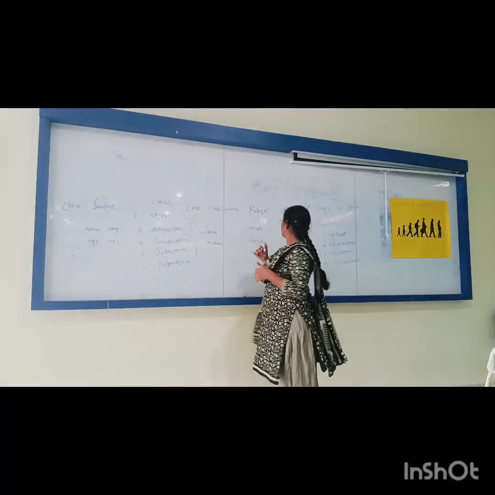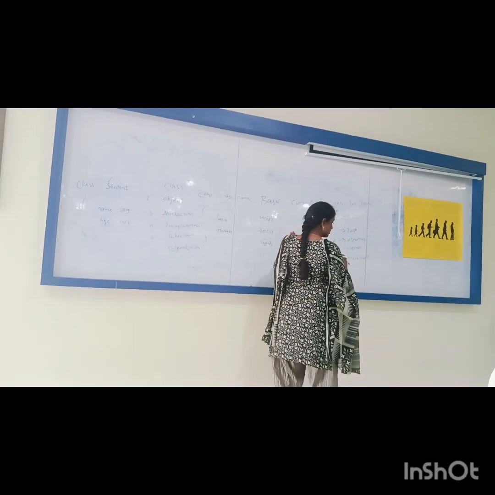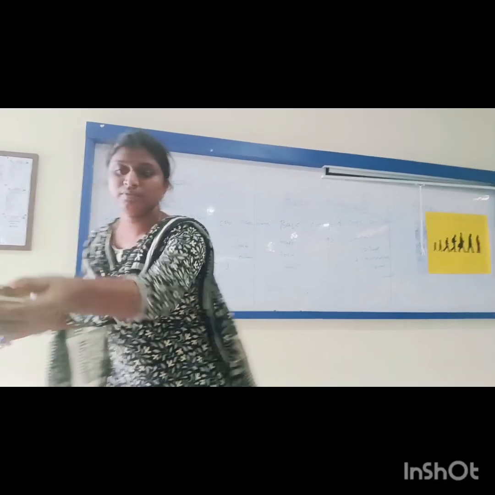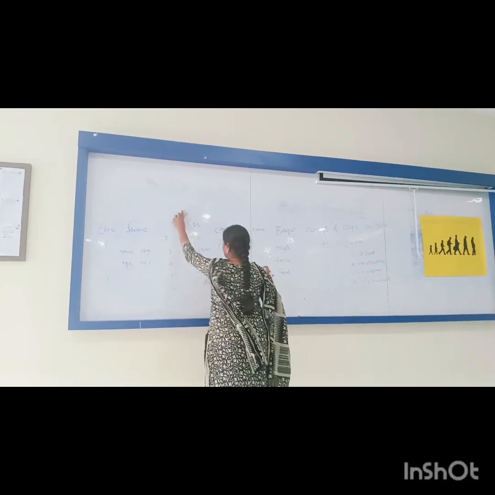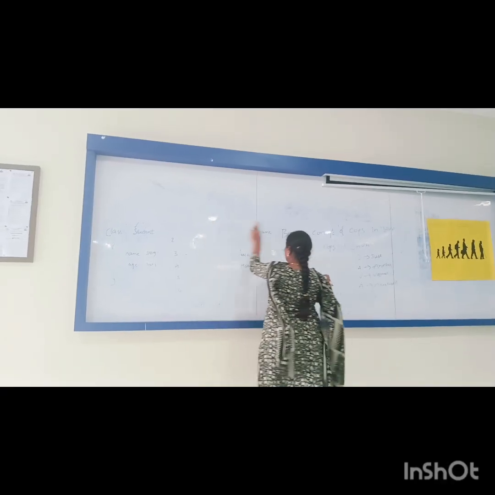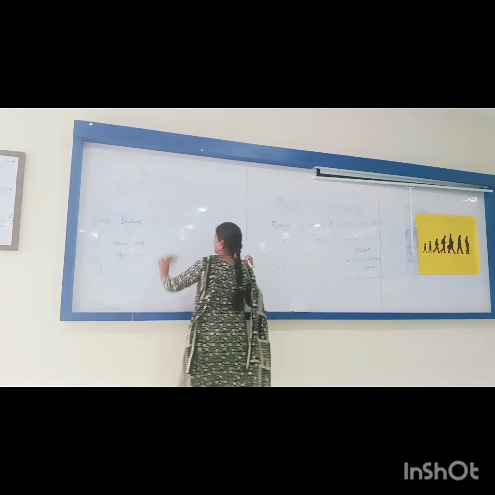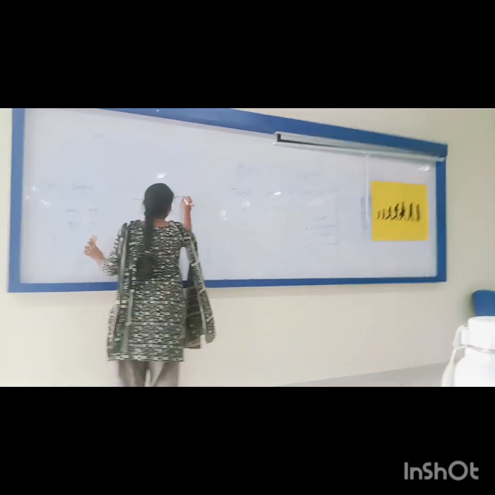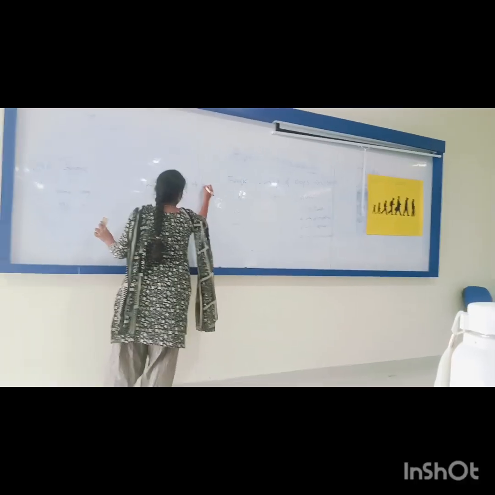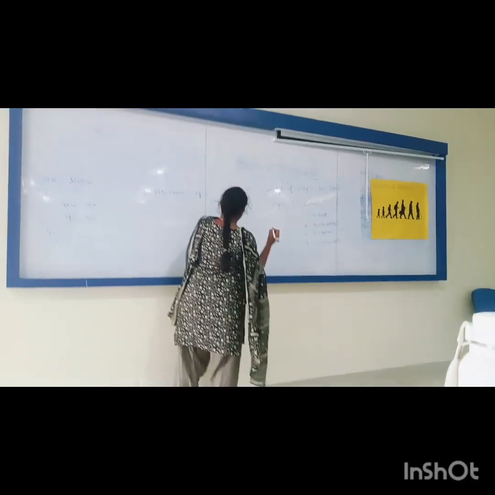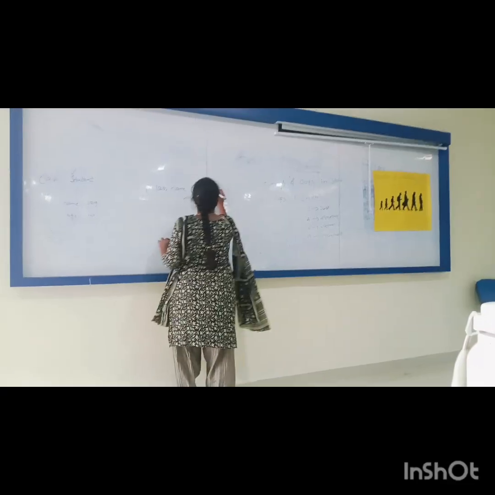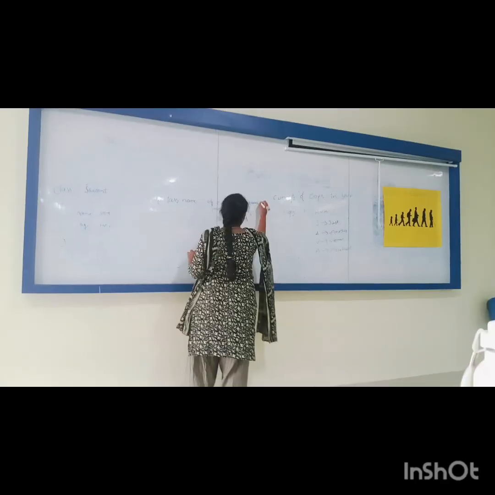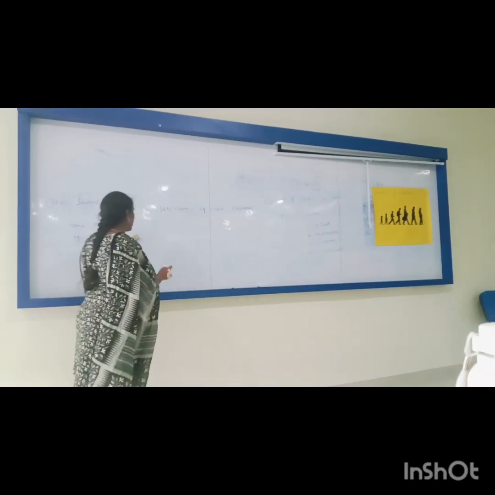For the syntax: class name, object, equal to is the operator, next new, and next also class name. This is the syntax for object.